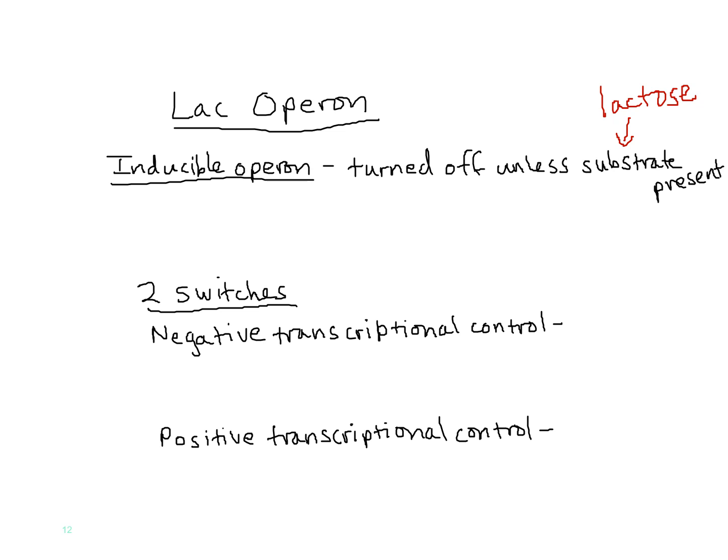Okay, so with negative transcriptional control, we're going to use our repressor protein. And with the negative transcriptional control, this switch is going to look at and say, hey, we're only going to turn the Lac operon on if lactose is present.